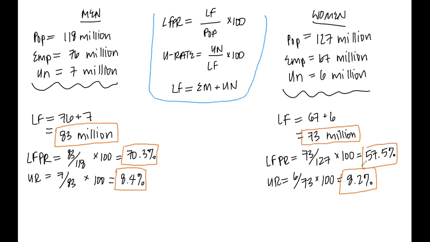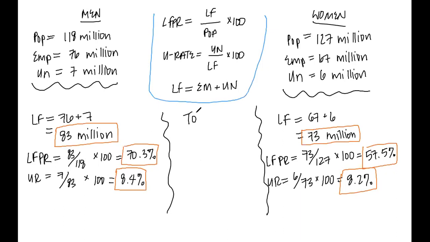And if we wanted to look at the total labor force participation rate, or the total population data, which I'm going to do in the middle, we can just add each of those together.